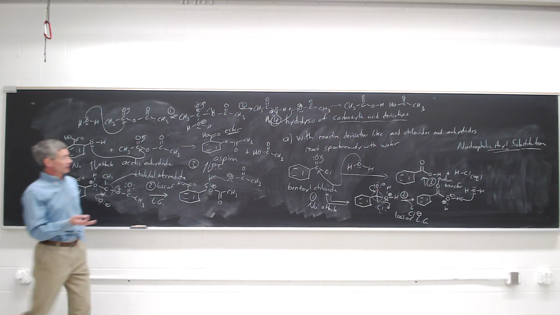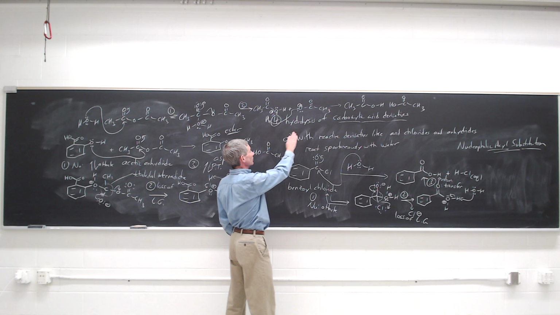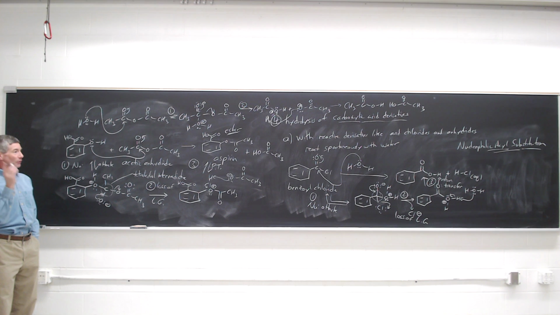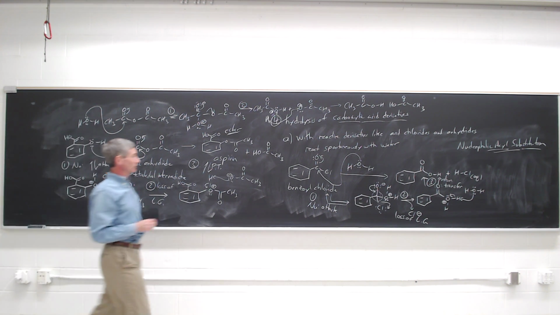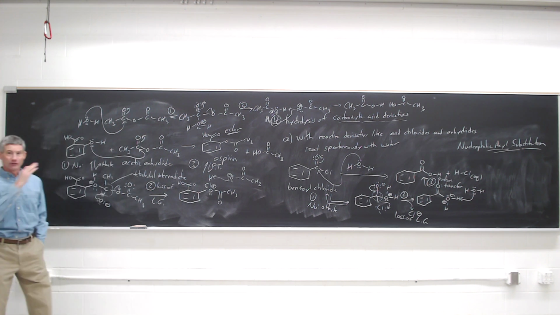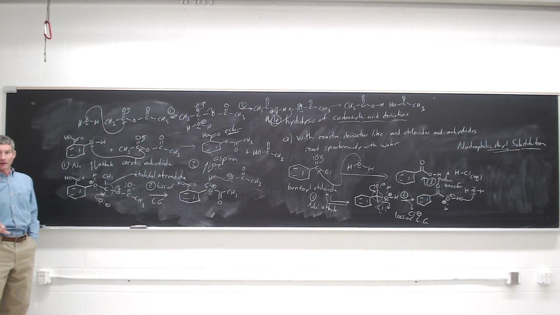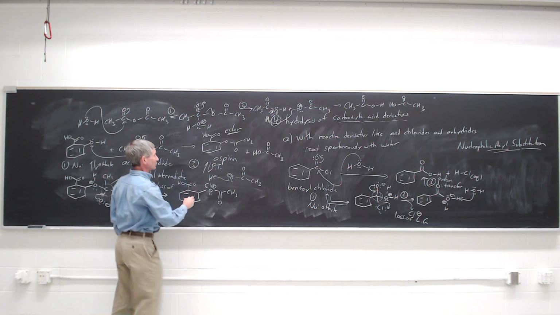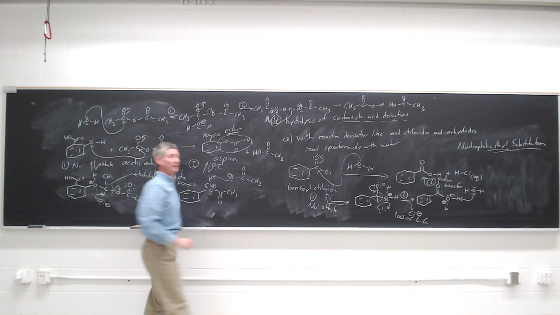So you'll notice that the hydrolysis of carboxylic acid derivatives is a way to make carboxylic acids, but reaction of those reactive carboxylic acid derivatives, like the acid chloride and the anhydride, is also an entry point to other acid derivatives, such as, in this case, the ester functional group.